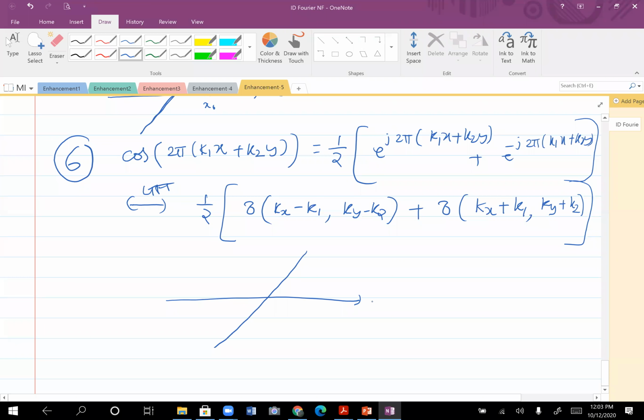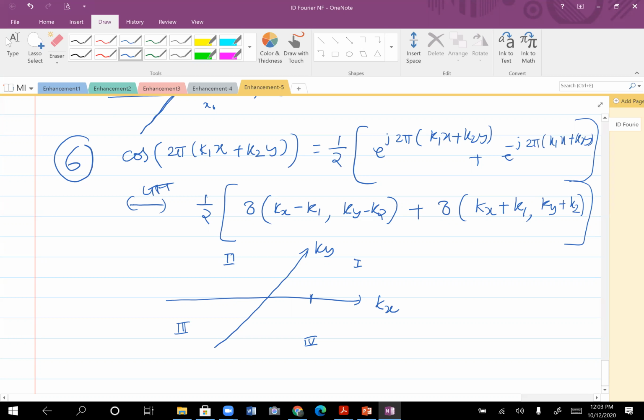Assume again this is my kx, this is ky. So how many impulses do I have now? Let me call these quadrant 1, quadrant 2, quadrant 3, quadrant 4. In which quadrants do I have impulses, assuming my k1 and k2 are positive? At 1 and 3, very good.